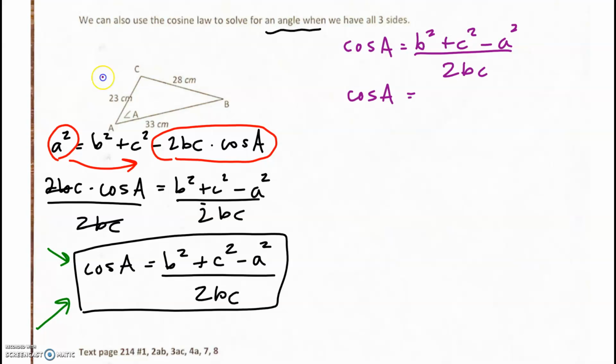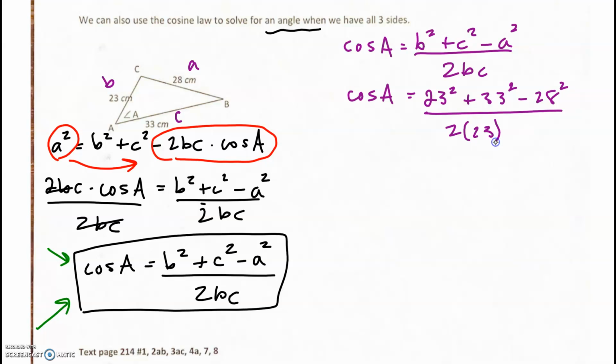I know b is 23, a is 28, and c is 33. It's really important you get the right values. So b is going to be 23 squared plus c is 33 squared, and then a is 28 squared. And that's all divided by 2bc, so that's 2 times 23 times 33.